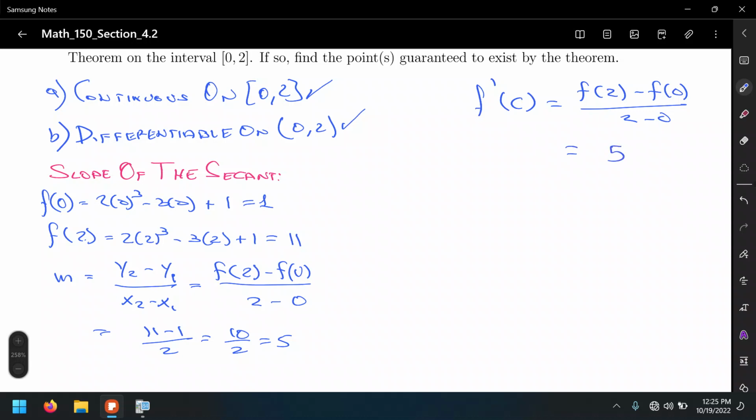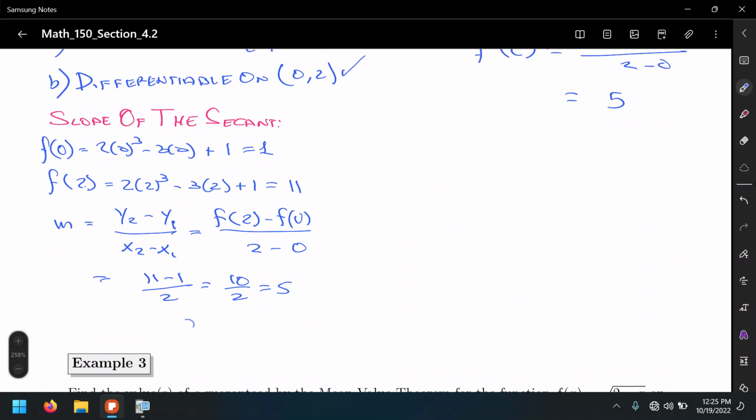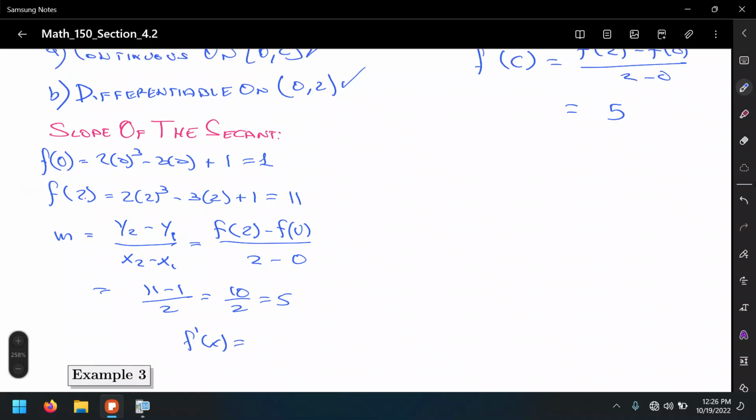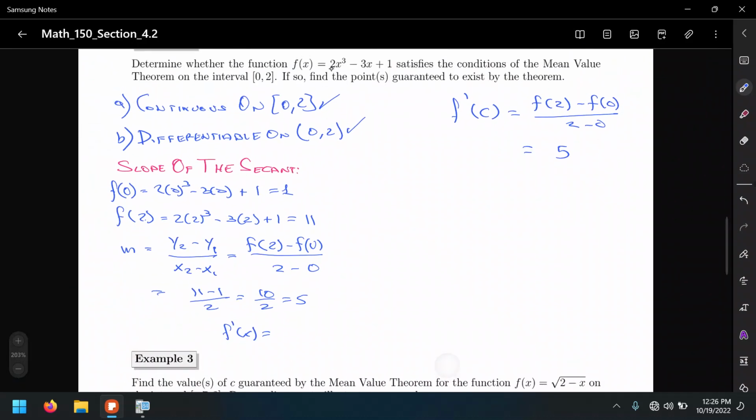What's f prime of c? Number 1, take the derivative of the function, so f prime of x. Okay, let me zoom it out. The derivative of 2x cubed minus 3x is 6x squared minus 3, and evaluate at c, and that's going to be the left hand side of the equation.